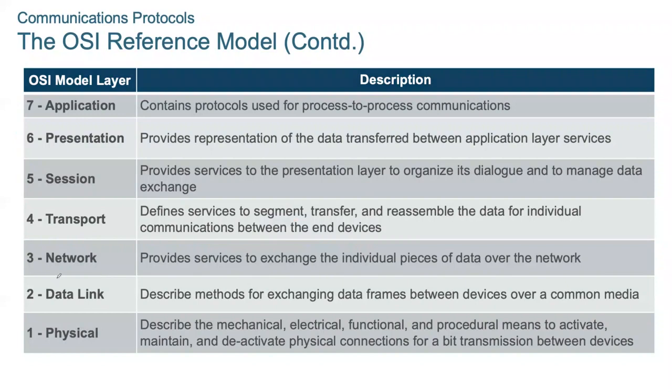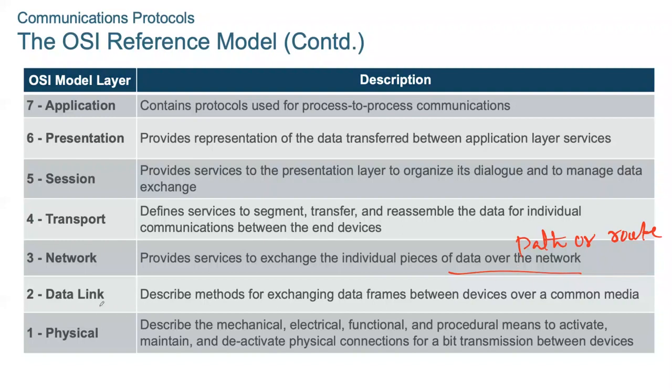The network layer provides a service to exchange individual pieces of data over the network. Basically it establishes a path or route from source to destination between the end devices.